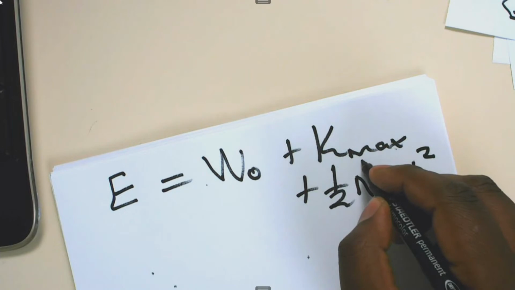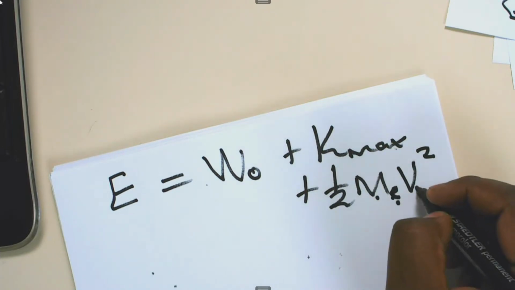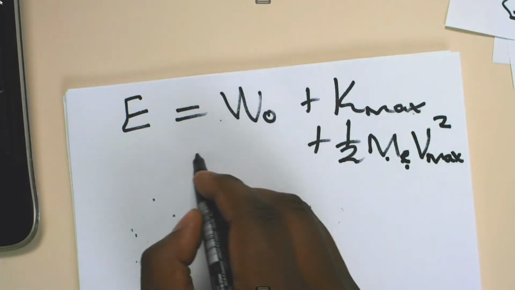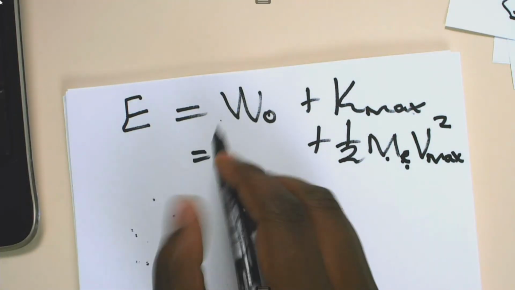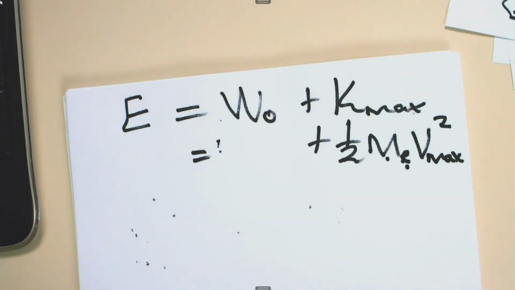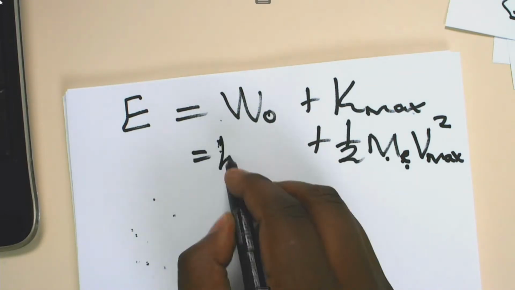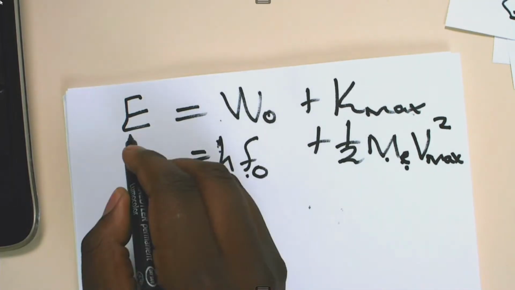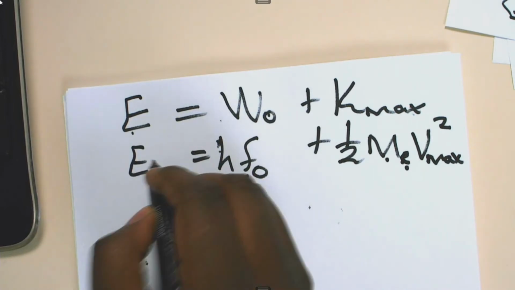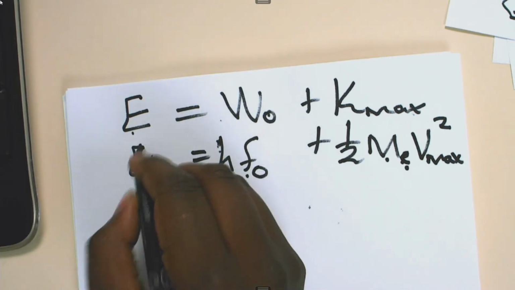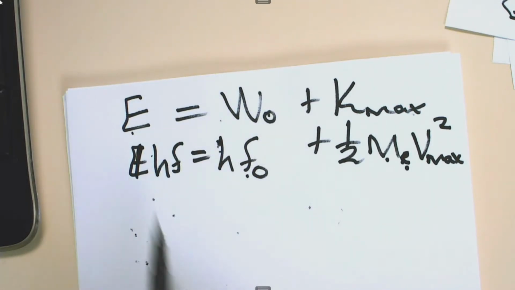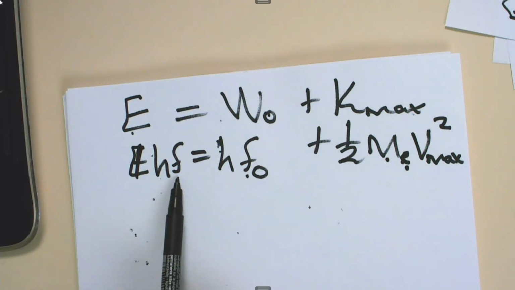But because we are talking of maximum kinetic energy, then even the speed will be the maximum, the maximum speed of the electron. This also can be expressed in terms of the frequency or threshold frequency. We can then have f naught, that is the threshold frequency, and our energy can also be expressed in the form of hf, like I've shown earlier, that the energy of the photon is given by the product of Planck's constant and the frequency of the light.